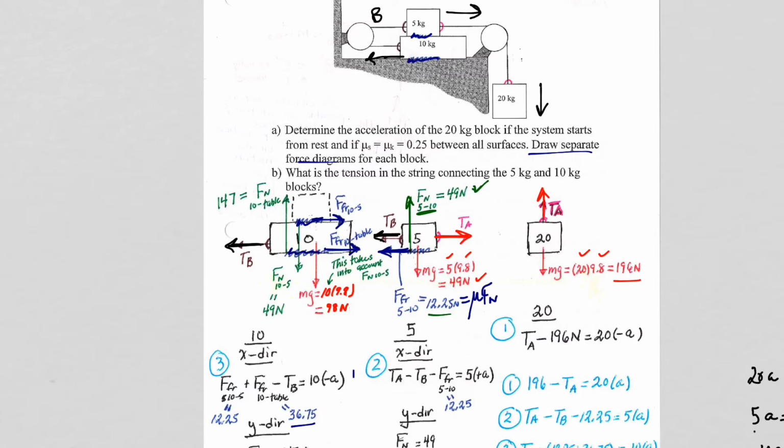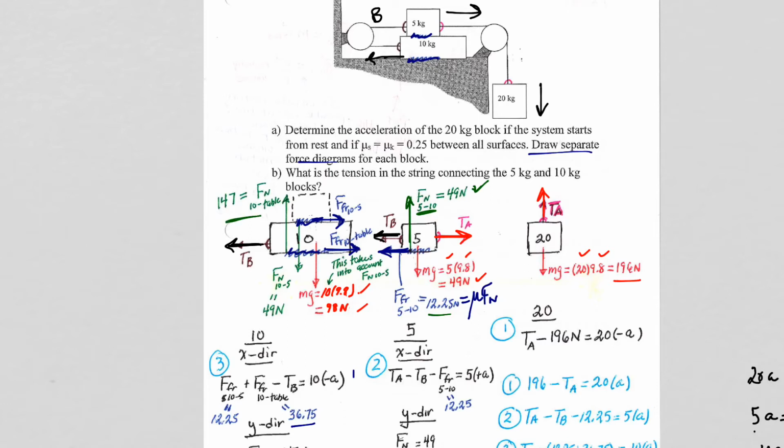And let's talk about what numbers we can now get into the problem based on what we know about block 10. Well, we know the mass of block 10, so 10 times 9.8 gives us our 98 Newton weight force. We have to be a little careful here. Notice that I don't have the normal force equals 98 in this case, the normal force on block 10 by the table.